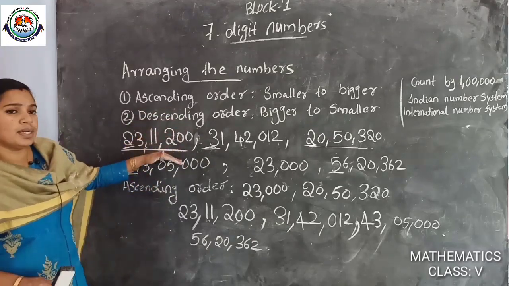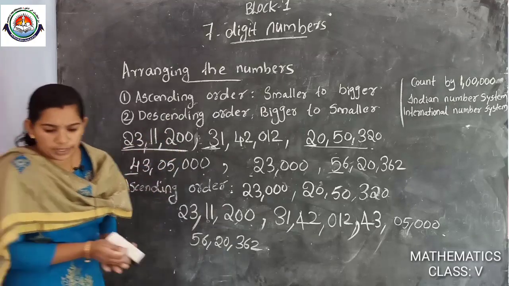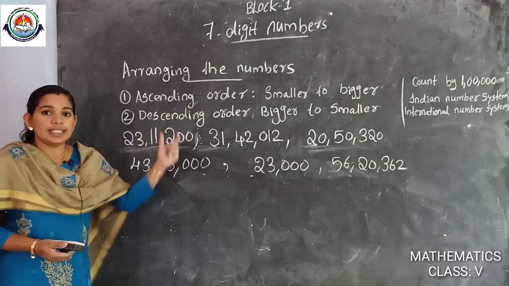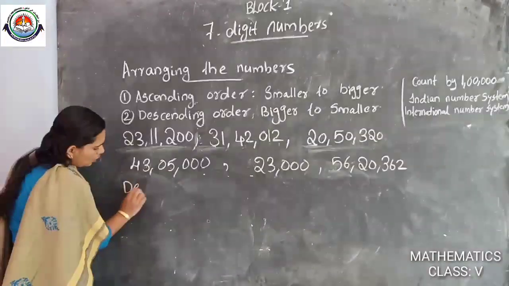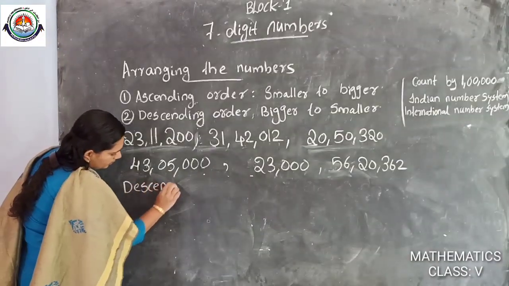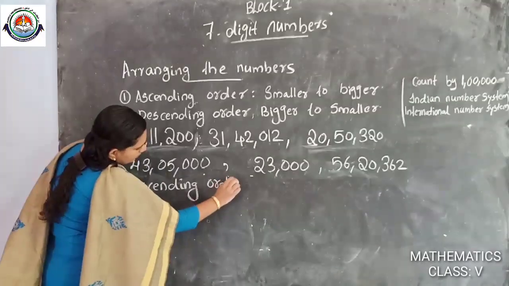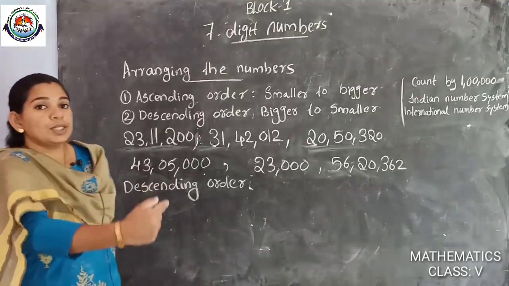Then we arrange the same numbers in descending order. Okay, we will check how to write descending order in the same numbers. What do you mean by descending order? Bigger to smaller.